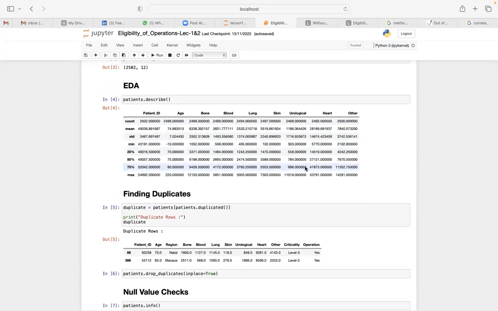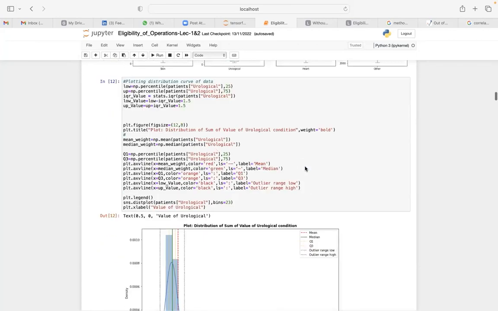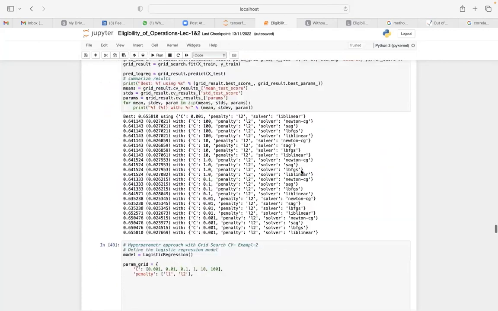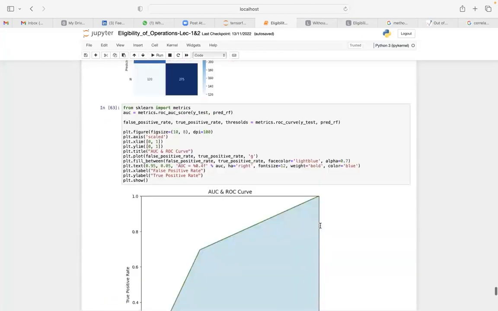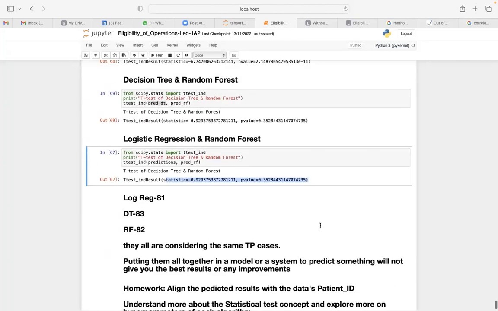Now, this particular test becomes very important when you do an analysis on time series data. When I say time series data, it does not necessarily mean that I am performing time series algorithms on top of it. Time series data means that for each patient ID, you have historic data, for example from 2011, whereas right now it's an average of blood, urological, and so on.